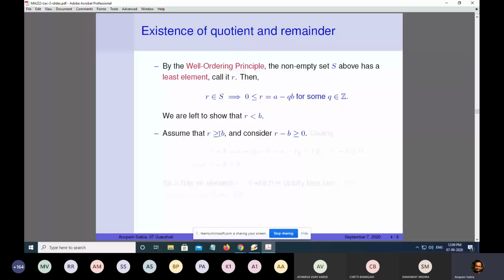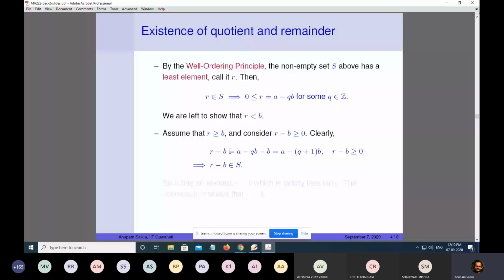And if R is of this form, R minus B will also be in this form, because R is A minus QB, then it is minus B. So it's A minus, again, some multiple of B. So this R minus B also qualifies to be an element of S, because it is non-negative, because R was bigger than B. And the second qualification is also there, because R minus B is A minus a multiple of B. So R minus B belongs to S.